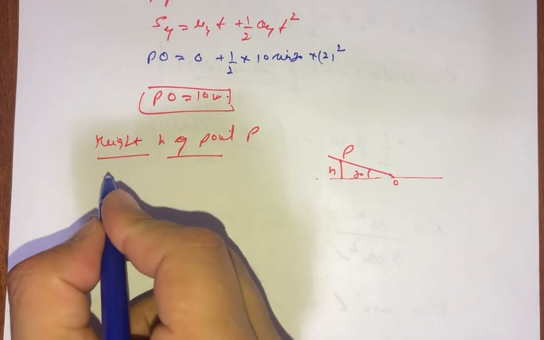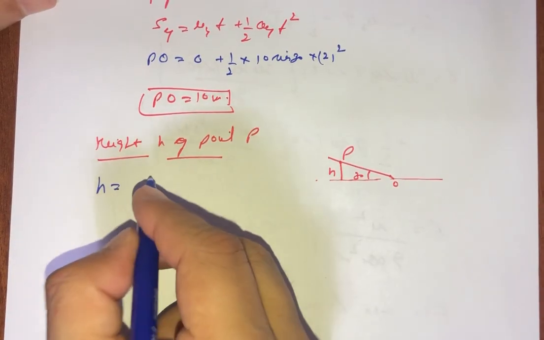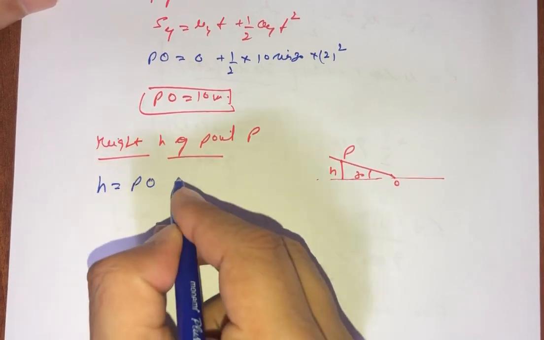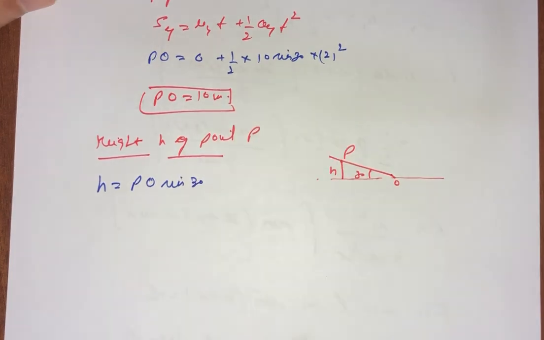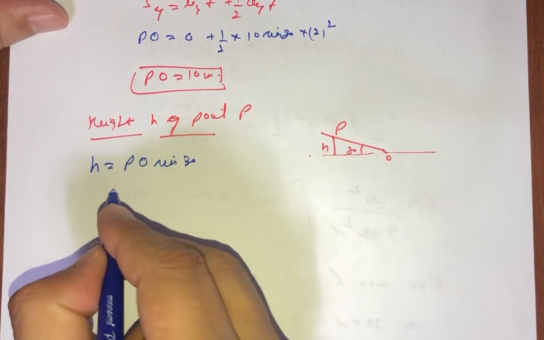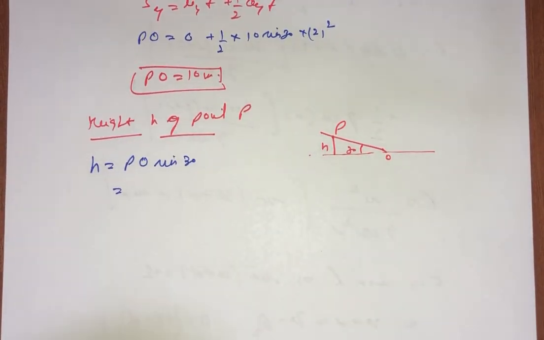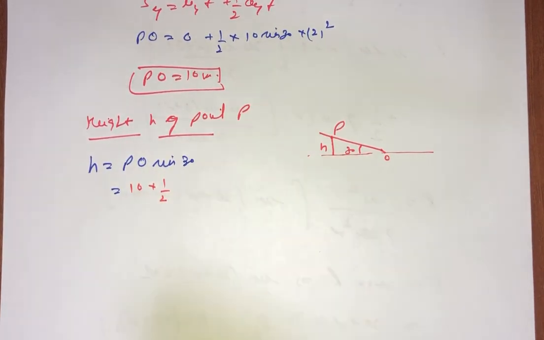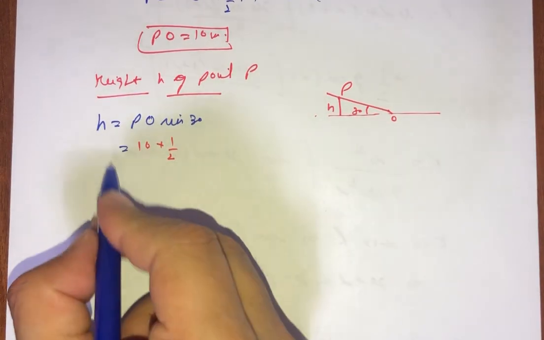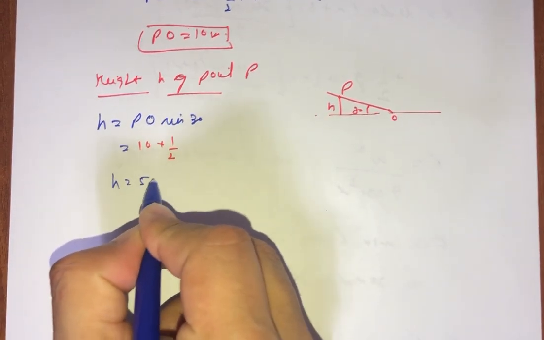We can see that h is equal to PO sine of 30. So it means this will be equal to PO is 10, sine 30 is 1 by 2, this is 10 into 1 by 2. So h will be equal to 5 meters.